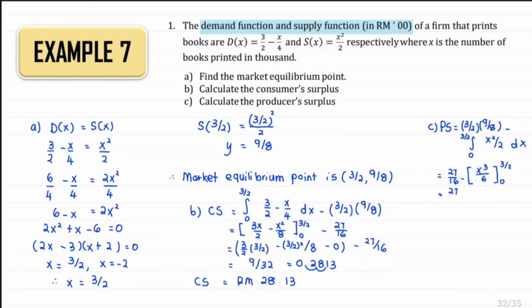Then we substitute value for x. So we get 3 over 2 cubed over 6 minus 0. Then we solve, we get 18 over 16, or the same as 1.125. Since in 100, our PS equals RM. Move the decimal, 112 ringgit 50 cent.